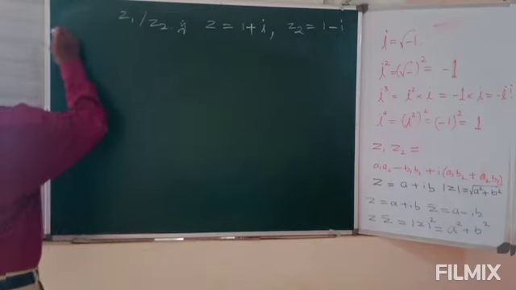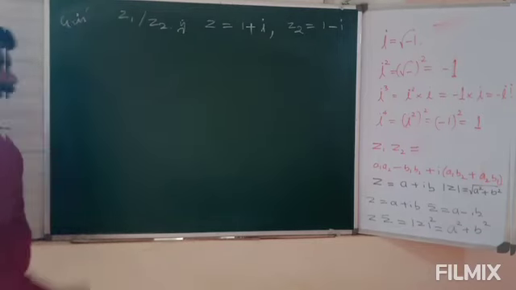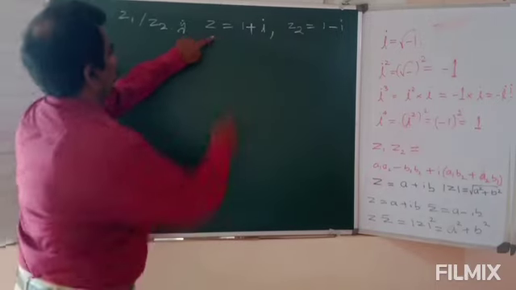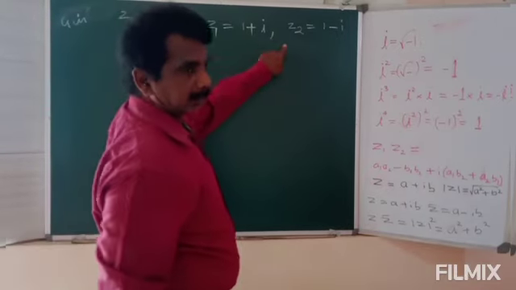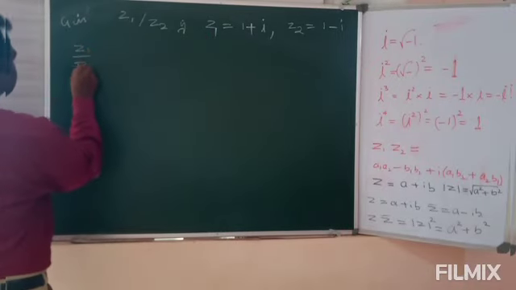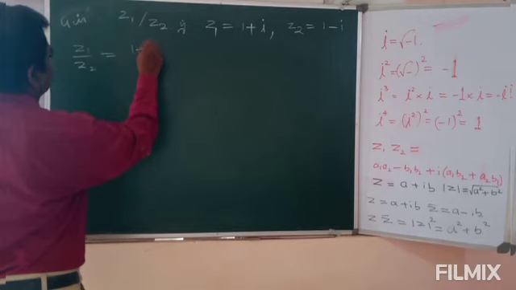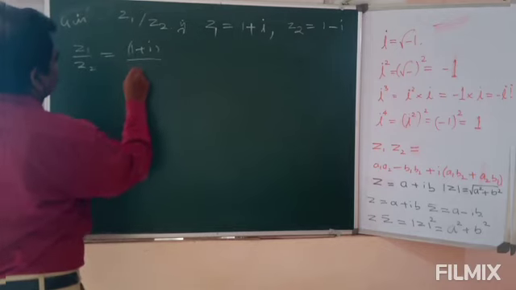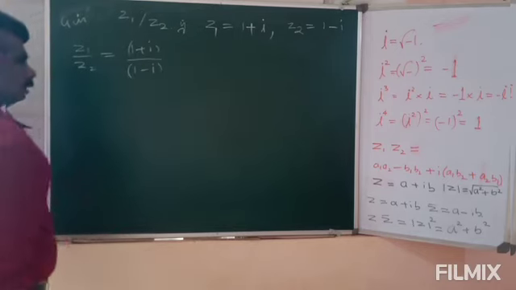Given z1 is 1 plus i, z2 is 1 minus i. So z1 by z2 is equal to 1 plus i by 1 minus i.